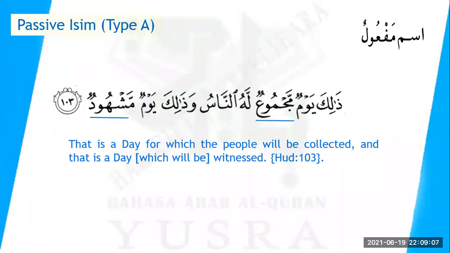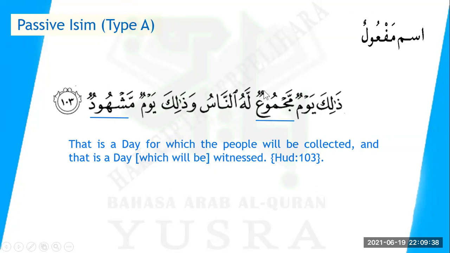Okay, this is an example of the Quran where they use the passive noun to deliver a meaning. Dhalika yaumun majmu'un lahun nas wa dhalika yaumun mashhudun. So here majmu'un is a passive noun. The basic word will be jim mim ain, jama'a, juma'at, gather.